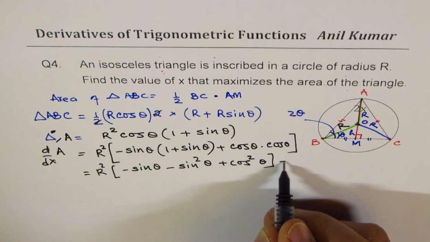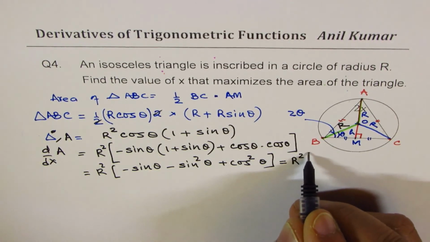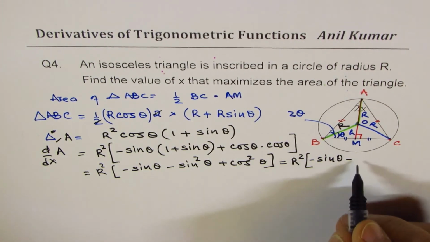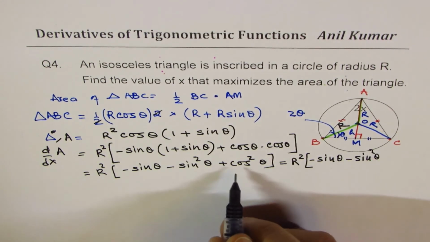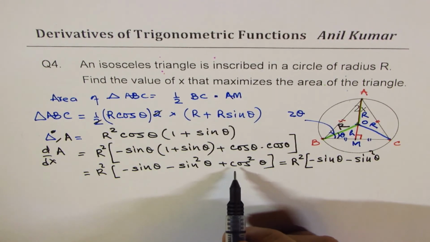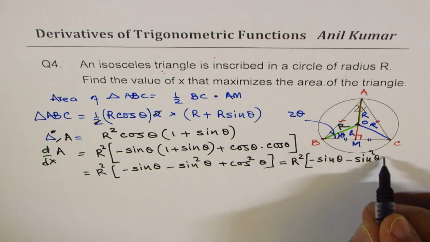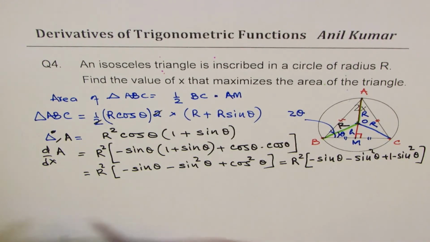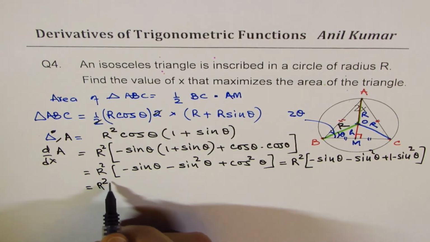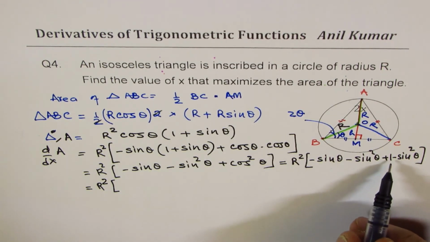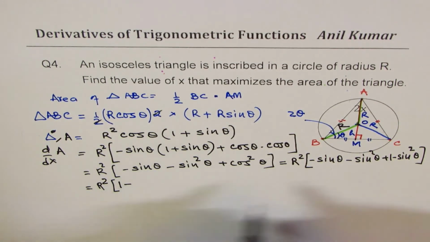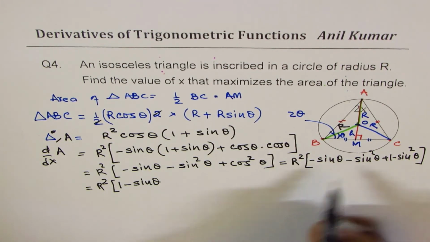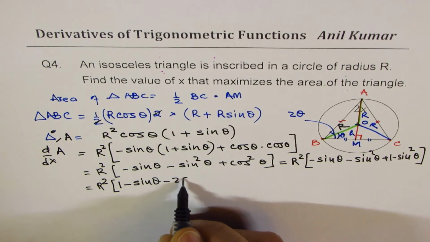So we could write this as R square times minus sine theta minus sine square theta, and cos square theta I am writing as 1 minus sine square theta. Is it okay? So that gives you R square times 1 minus sine theta, and here we get minus 2 sine square theta.